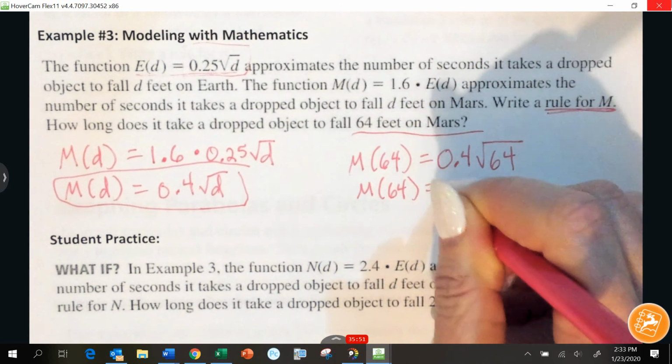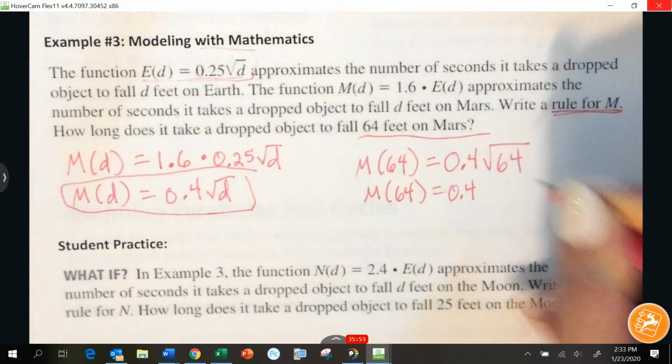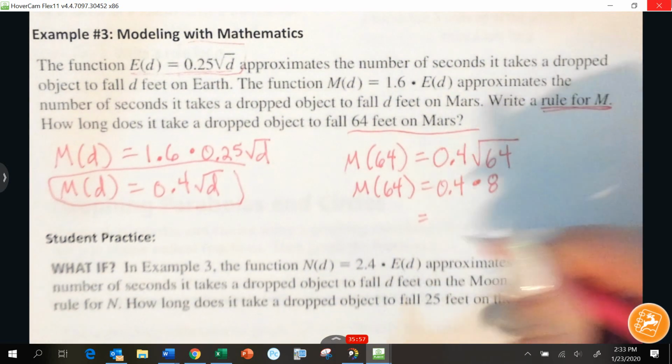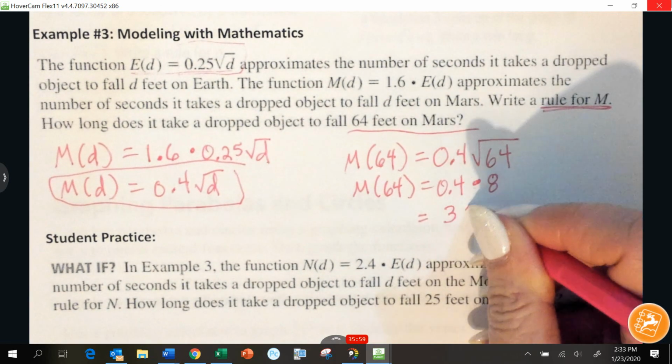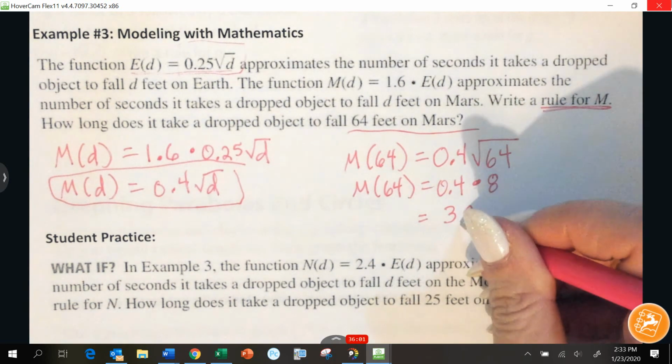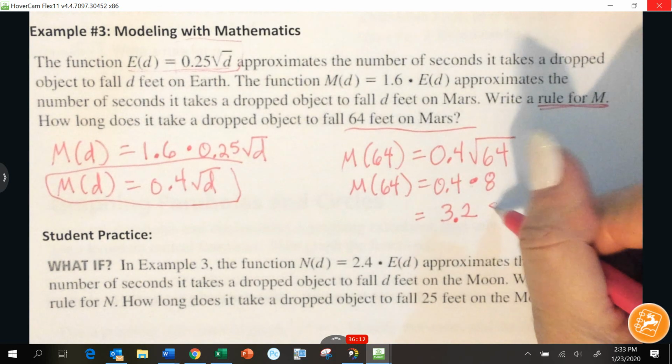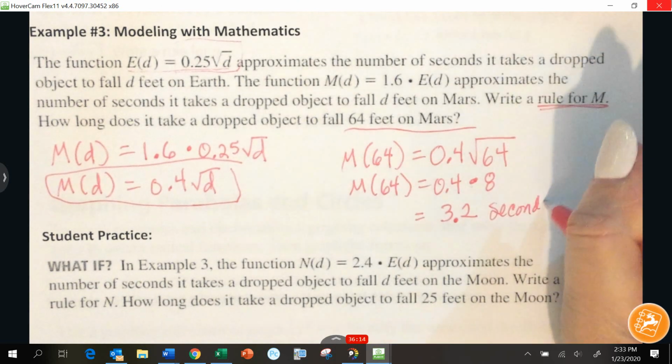What is the square root of 64? 8. So 0.4 times 8 is 3.2. And what was I actually finding? Time. So what are my units? Seconds. Equals 3.2 seconds.